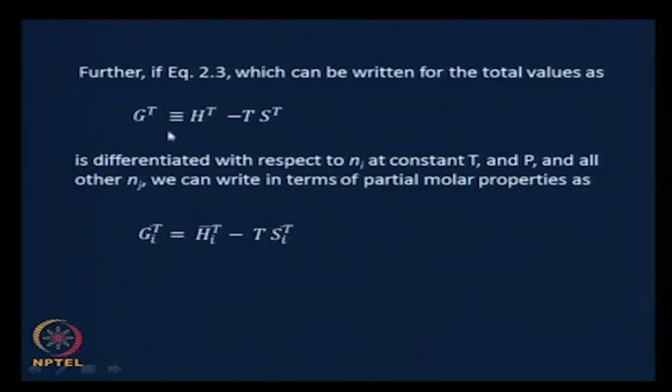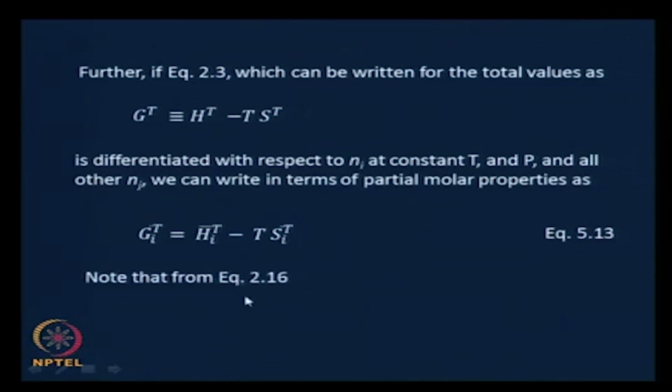Now we are differentiating each term with respect to Ni at constant T, P and Nj, and by definition that derivative would be Gi-t-hash, this derivative would be Hi-t-hash, and this one would be minus T Si-t-hash. We will call this equation 5.13.